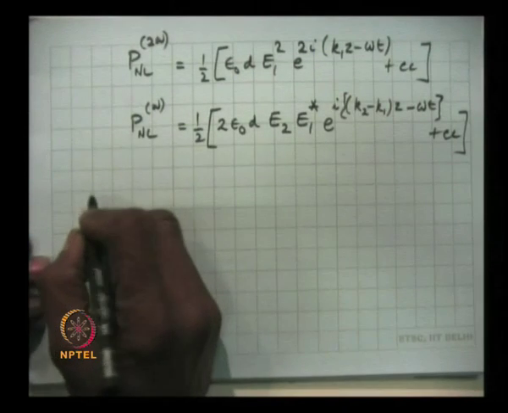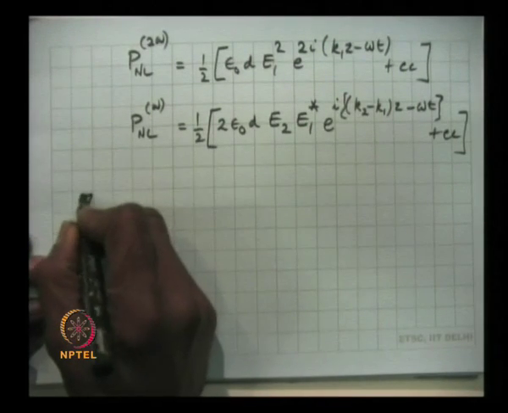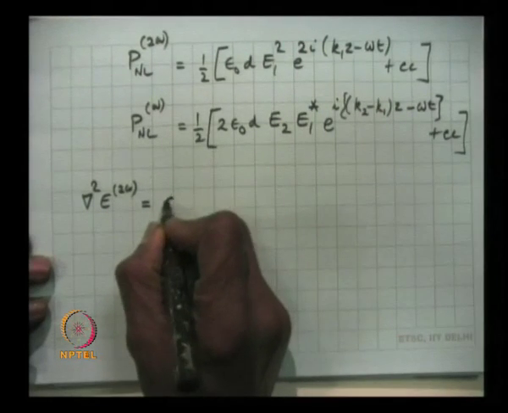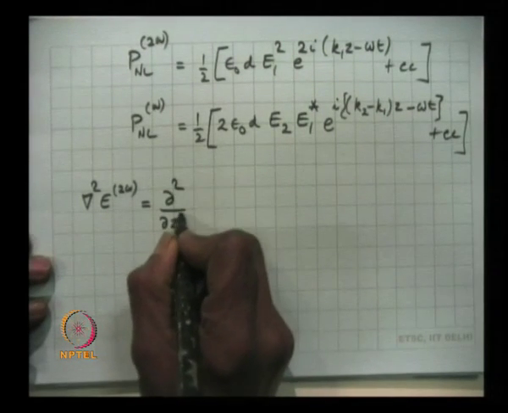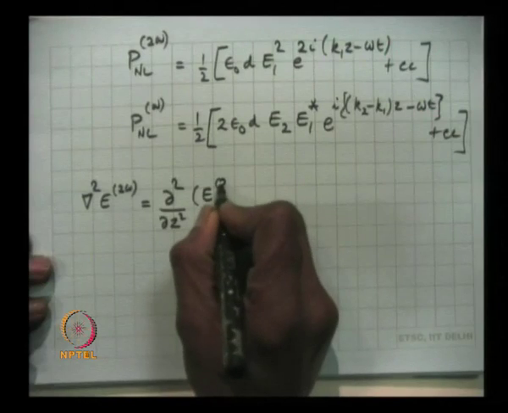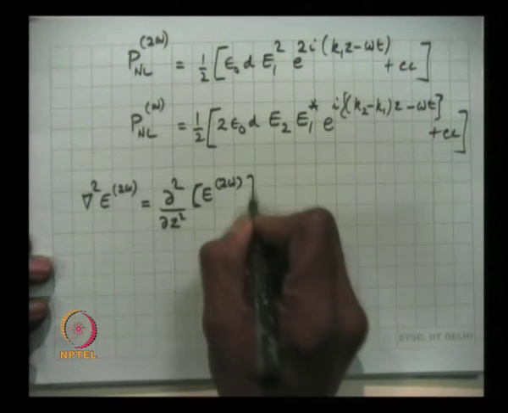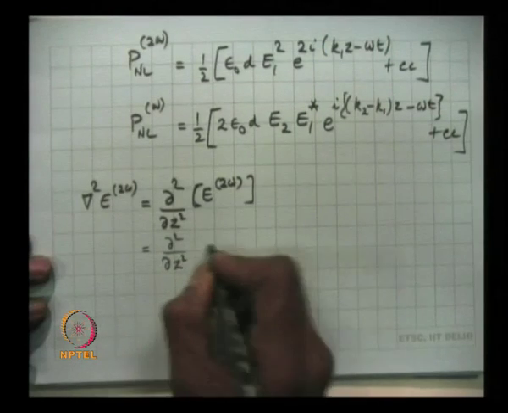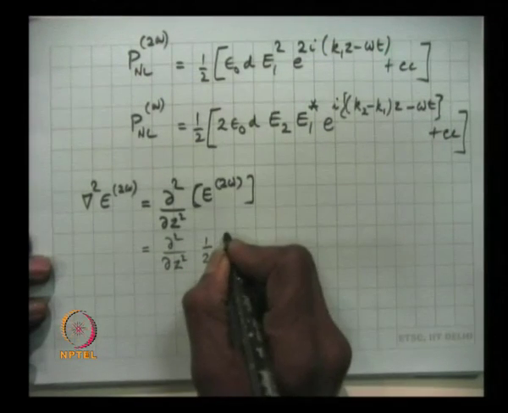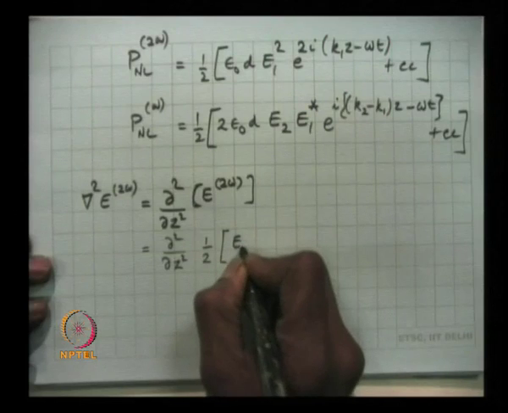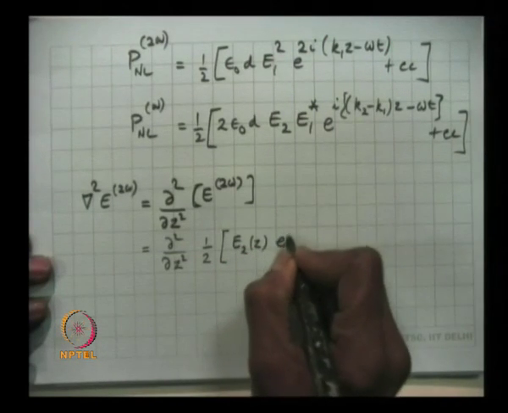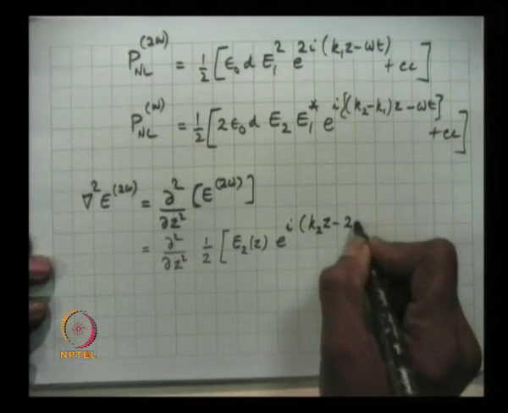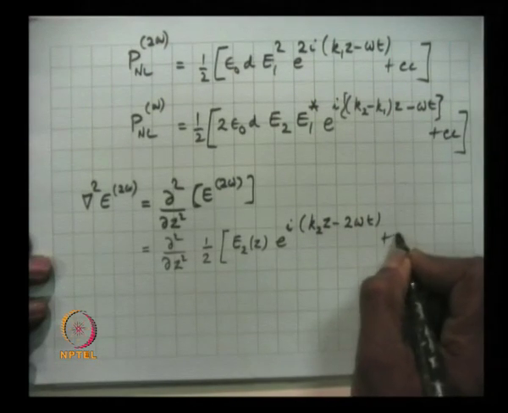So, del square E 2 omega will be actually del square by del z square of E 2 omega, which is equal to del square by del z square of half E 2 of z e to the power i k 2 z minus 2 omega t plus complex conjugate.